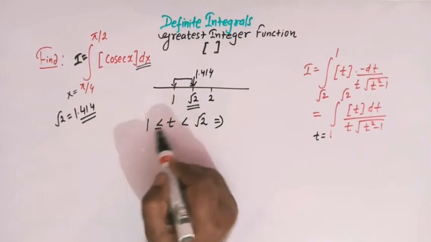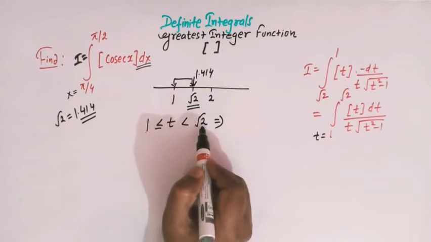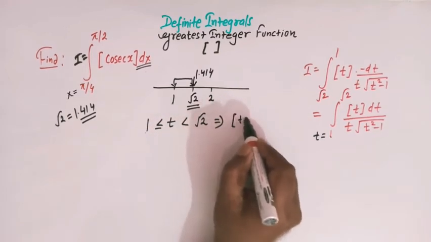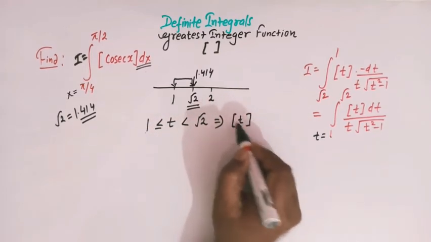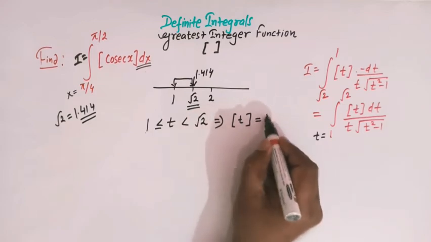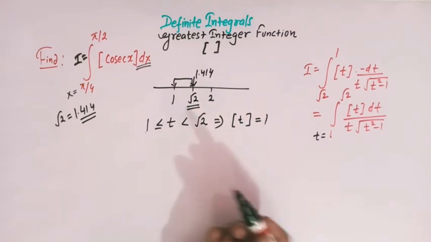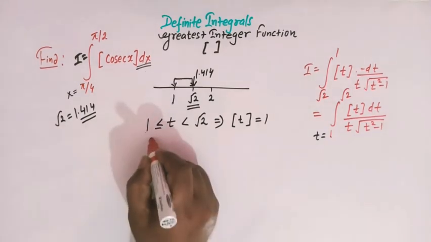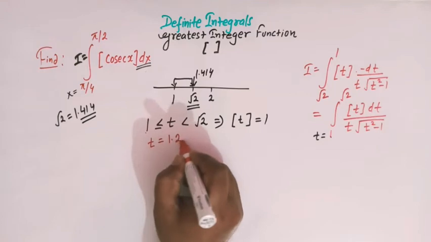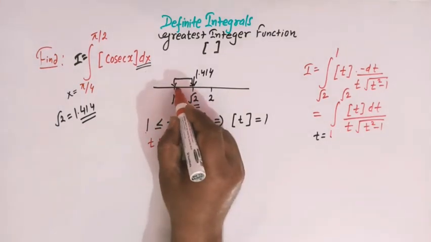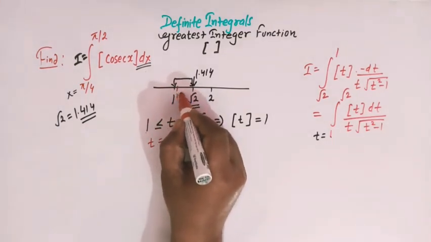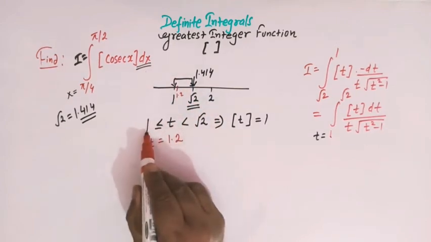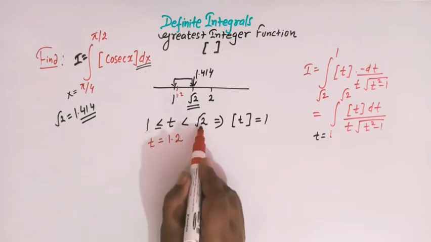Any value of t which lies between 1 and square root of 2, the greatest integer of that value of t is always equal to 1. For example, if we take t equal to 1.2, it lies somewhere here, and obviously it lies between 1 and square root of 2.